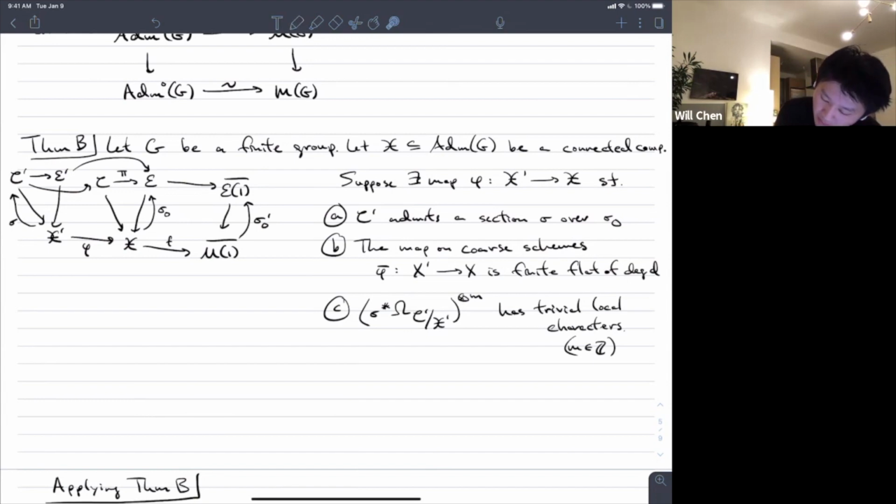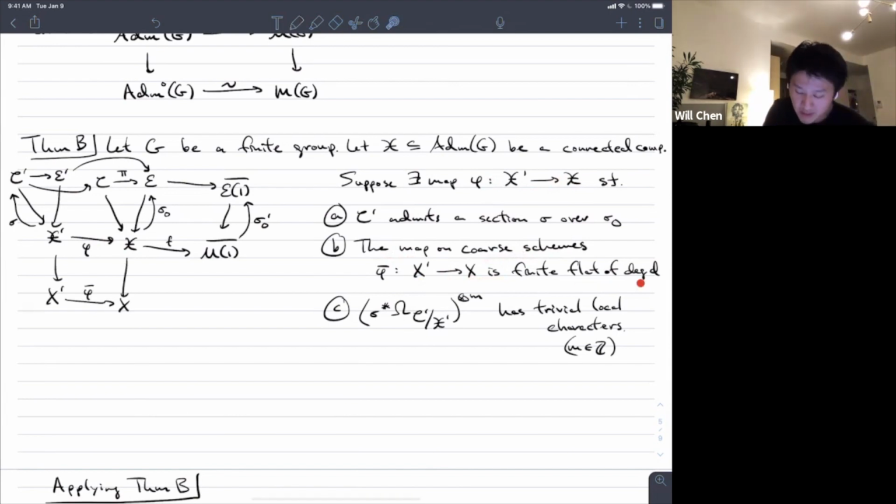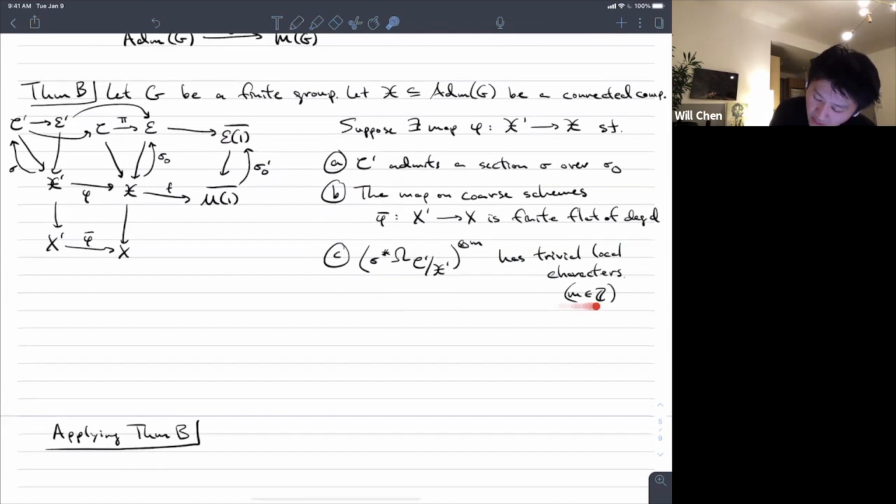And suppose that the map on core schemes induced by this phi, so this induces X prime to X, we call this phi bar, is a finite flat map of degree D. So these first two assumptions guarantee the existence of a section after passing to some base change. And then this third condition guarantees some kind of integrality condition on the degrees of line bundles.